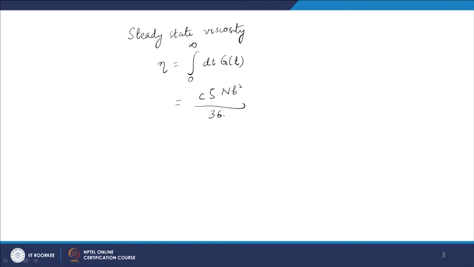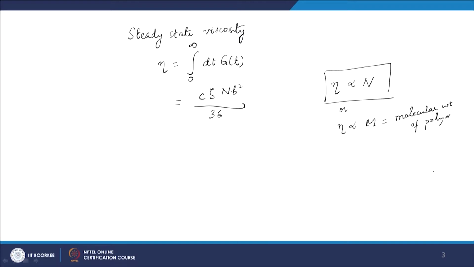Zeta is the drag coefficient that we discussed in the Brownian motion of a polymer chain. The key idea is my viscosity is proportional to the number of repeat units, or equivalently we can say the viscosity is proportional to the molecular weight of the polymer chain. So, this is what we get from the Rouse model.